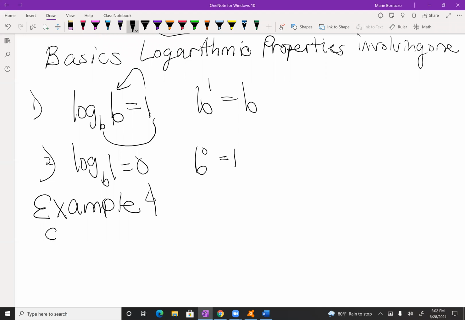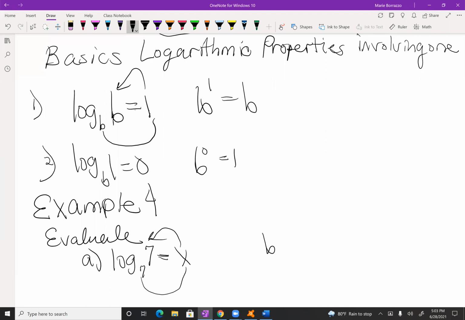So the first one is evaluate. Log base 7 of the number 7 is equal to what? 1. Because 7 to what will give me 7? 7 to the 1 power will give me 7.